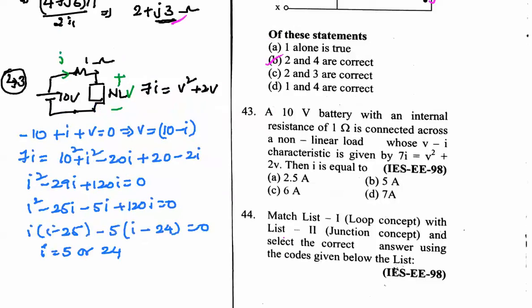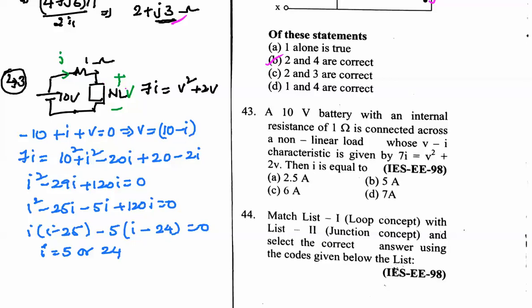Next problem: a 10 volts battery with an internal resistance of 1 ohm is connected across a non-linear load whose VI characteristic is given by 7I is equal to V square plus 2V. Then I is equal to dash. So here they have given a 10 volt source with an internal resistance of 1 ohm and a non-linear load.